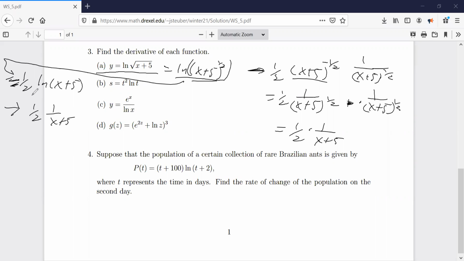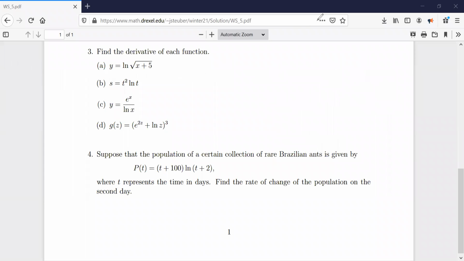So we get the same thing either way, but it's easier if we just manipulate the laws of logs. Sorry, did people have any questions about that? Okay.